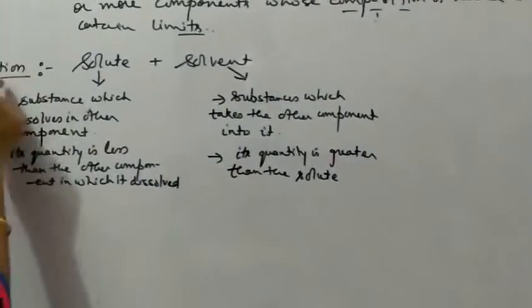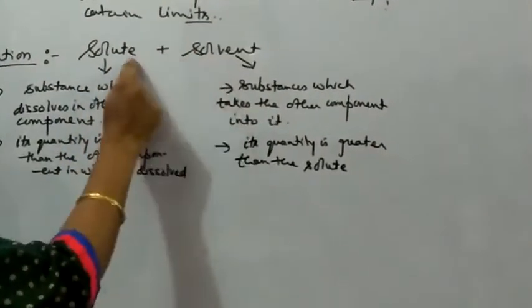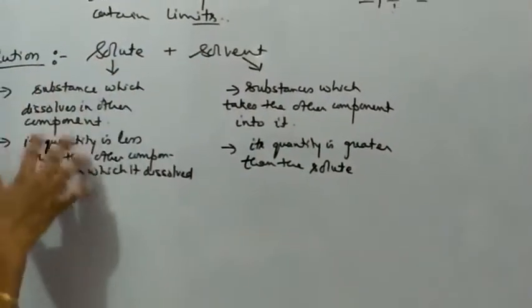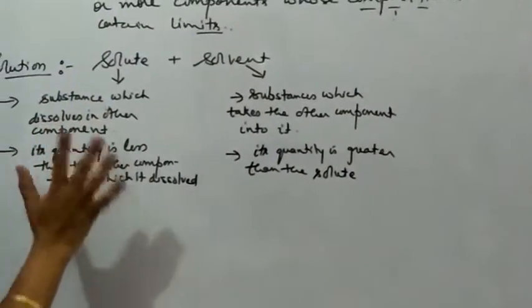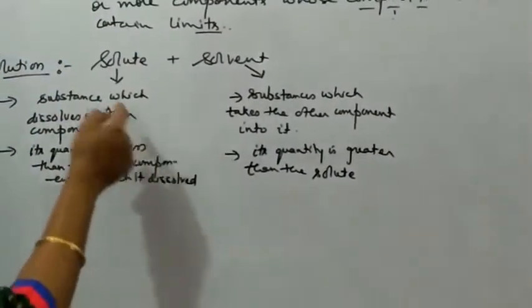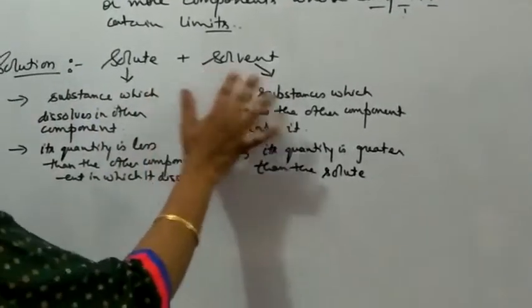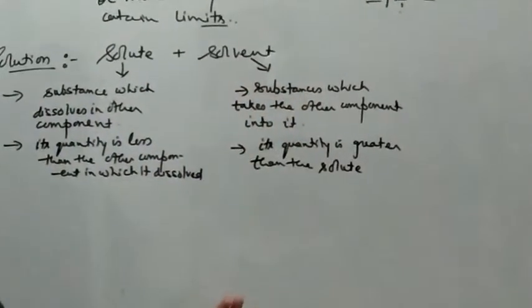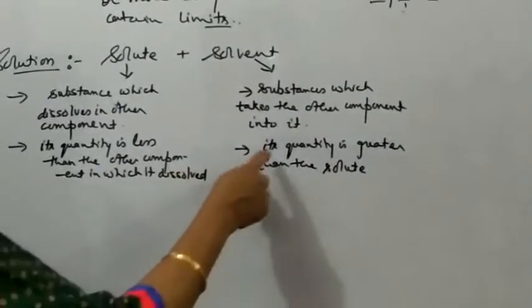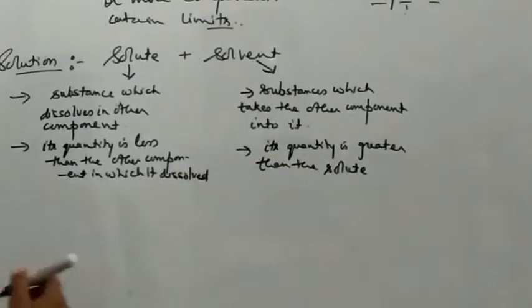So students, what is a solution? It consists of two components, solute and solvent. Solute is always present in less amount with respect to the solvent, and it is a substance which gets dissolved in the other component, whereas solvent is the substance which takes the other compound into it, and its quantity is greater than the solute.